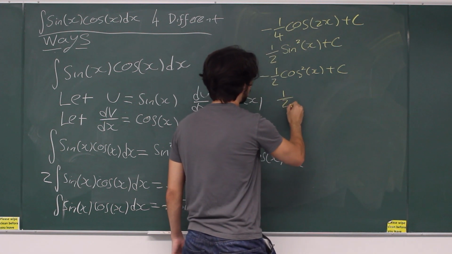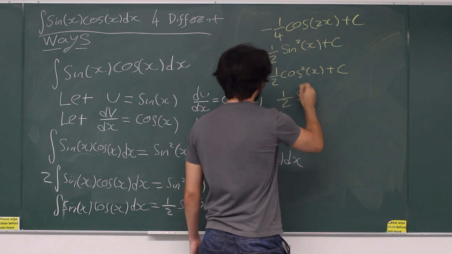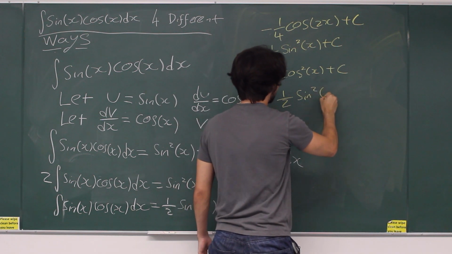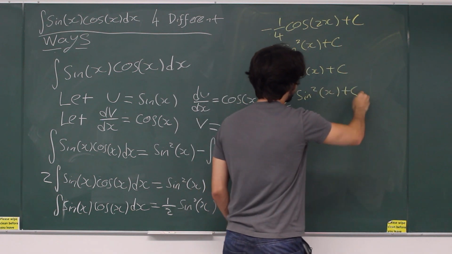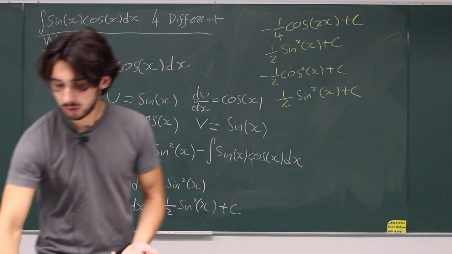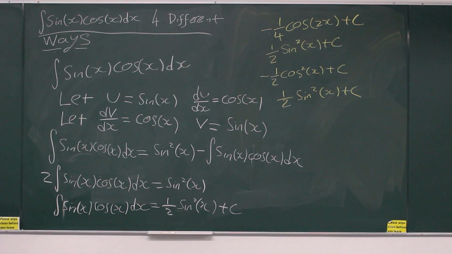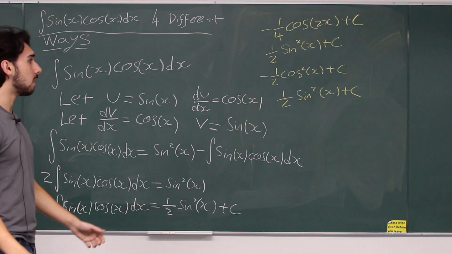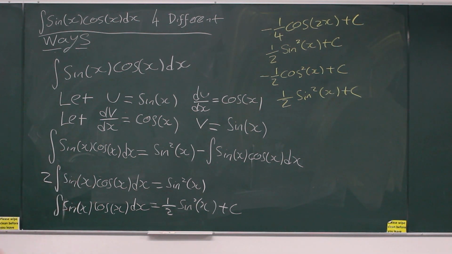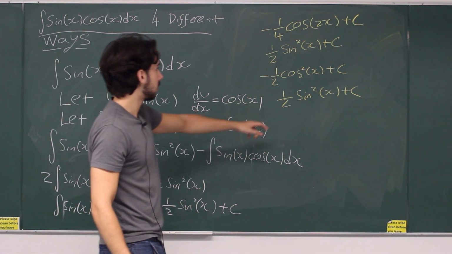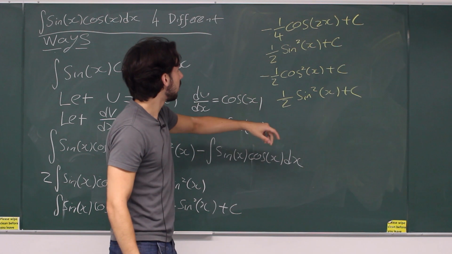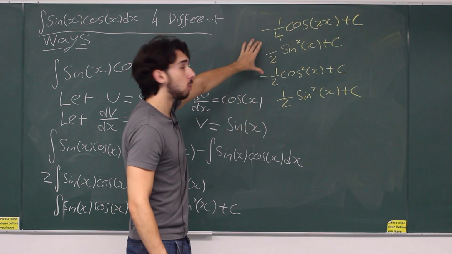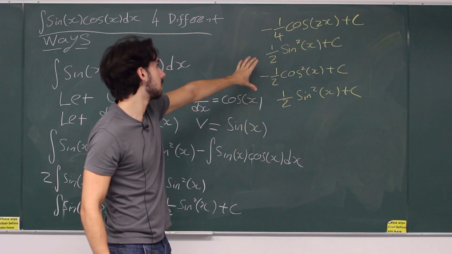Now we already have this one, 1/2 sine squared x plus c. That's the second one up here, but still, it's quite weird because as you can see, some of them are the same and some of them are different. We do have 4 answers and 3 of them are not equal. So we have sine squared and sine squared, fine, but the first 3 are not equal to each other in the slightest.